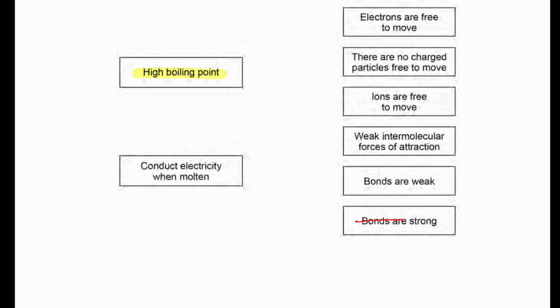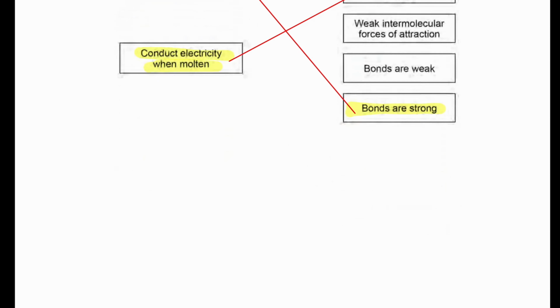So bonds are strong. Conducts electricity when molten, because they have charged particles or ions that can move freely and conduct electricity. So ions are free to move, and the ions can conduct electricity.